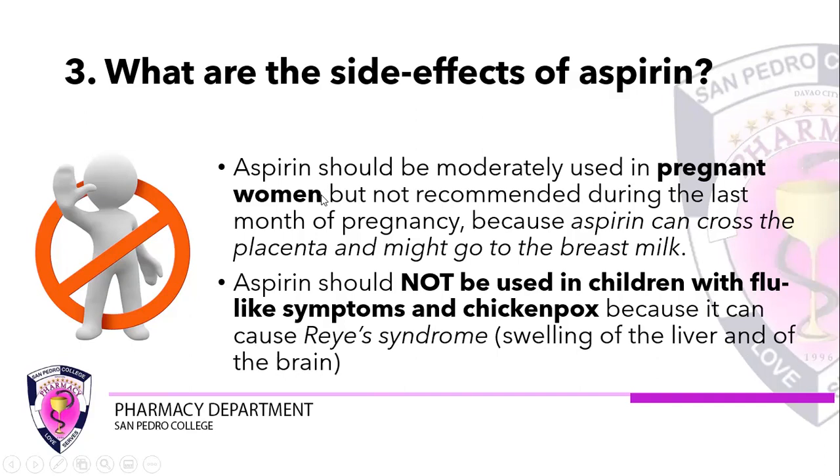Next, aspirin should be moderately used in pregnant women but not recommended during the last month of pregnancy because aspirin can cross the placenta, and during breastfeeding it might go to the breast milk. So just avoid it. Preferably, paracetamol is what is used here.